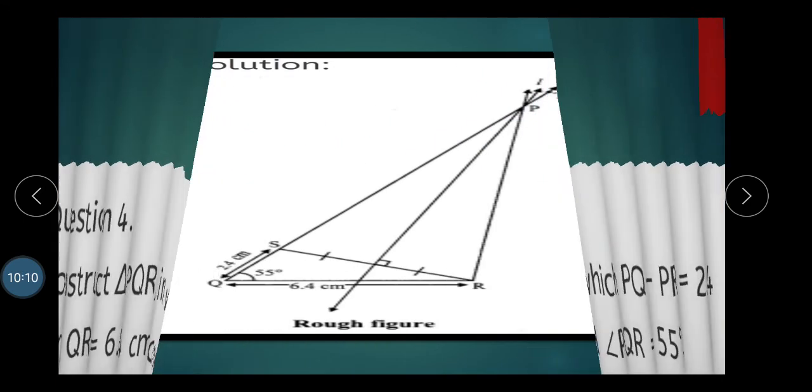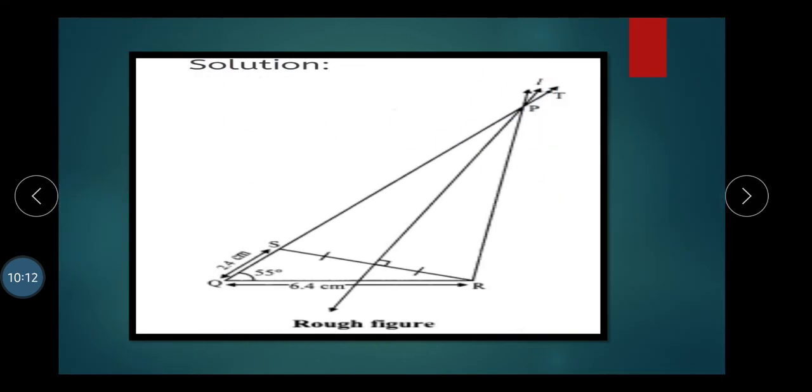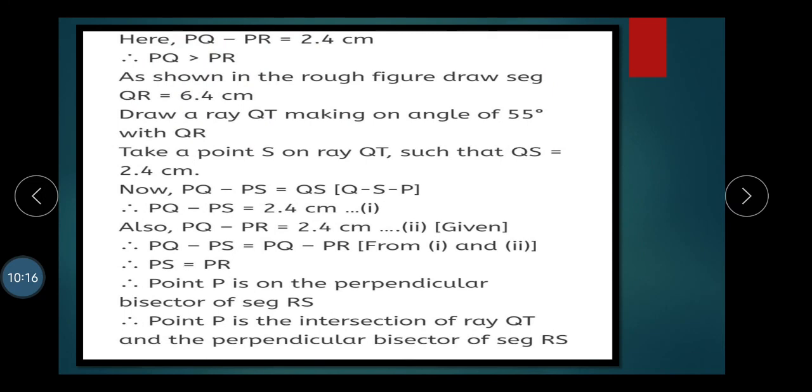Let us see the rough figure. Explanation. Here PQ minus PR is equal to 2.4 centimeter. PQ is greater than PR. As shown in the rough figure, draw seg QR as 6.4 centimeter.